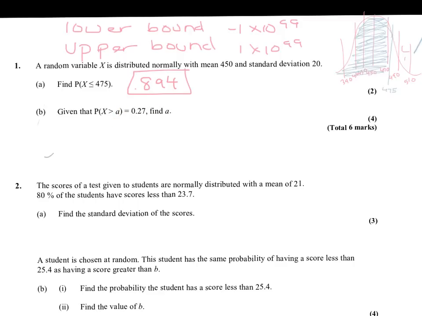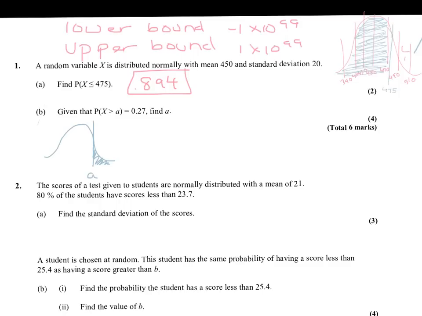So if I just were to draw a normal curve, the probability of it being greater than A is 0.27, so 27%. So that's somewhere, let's say, around here. Here's A, and here's 0.27. Okay, that area is 0.27.